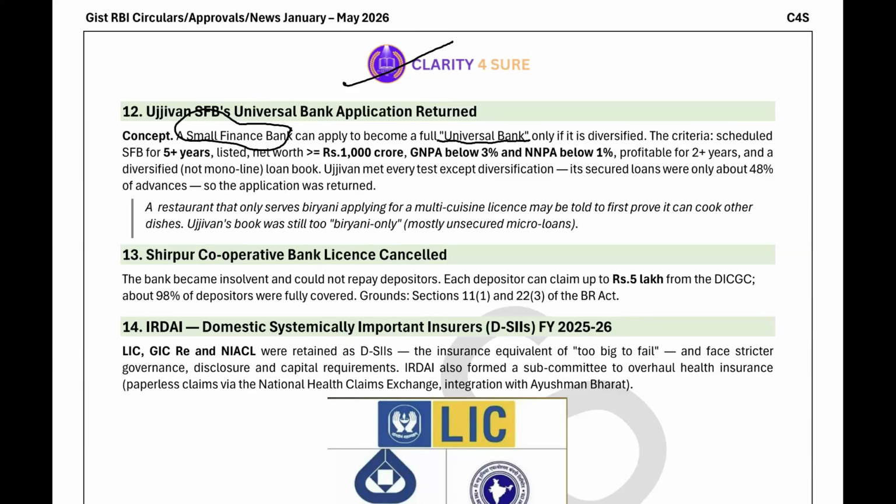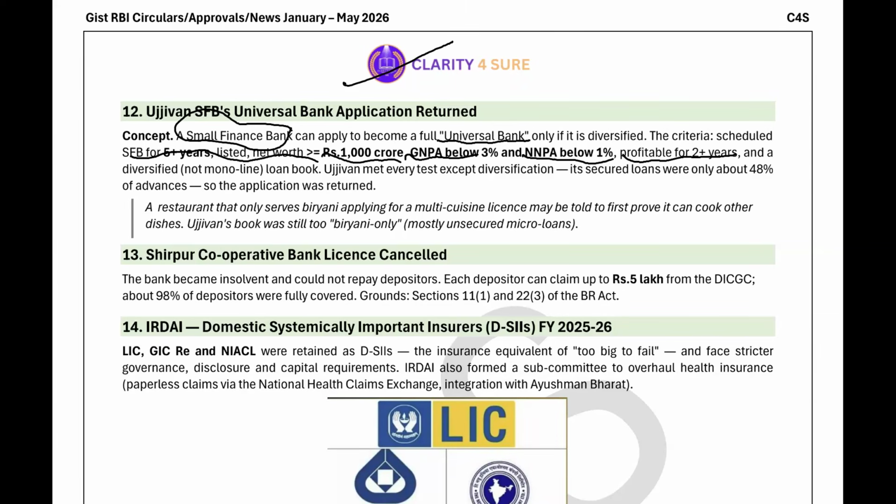Only if it is diversified, the criteria are: scheduled commercial bank for 5 years, understand this. Listed net worth should be more than rupees 1000 crore. GNPA, that is gross NPA, below 3%, and NNPA, that is net NPA, should be below 1%. Profitable for 2+ years and a diversified, not monoline, loan book.